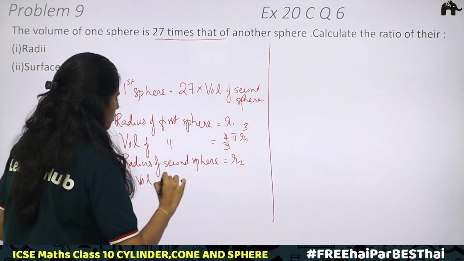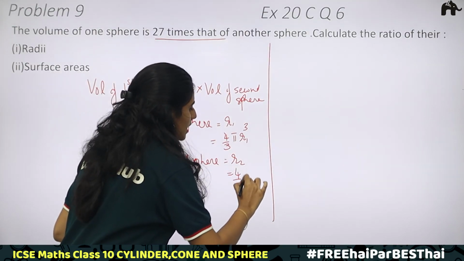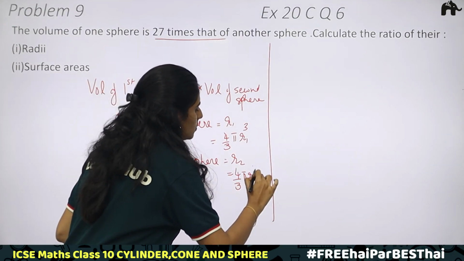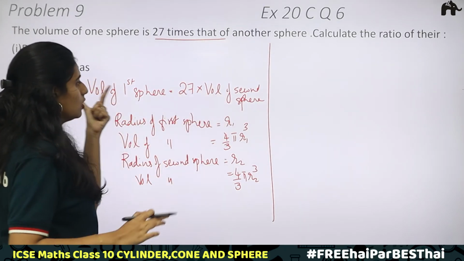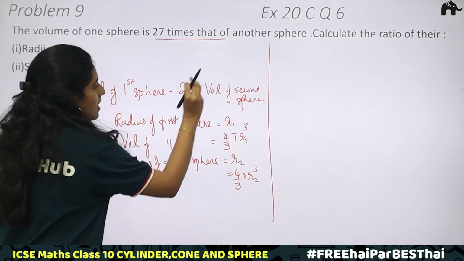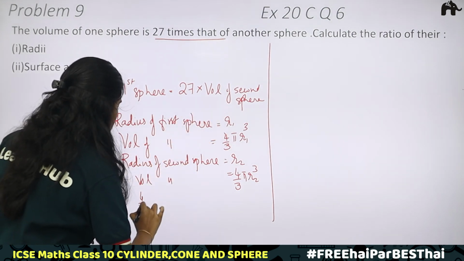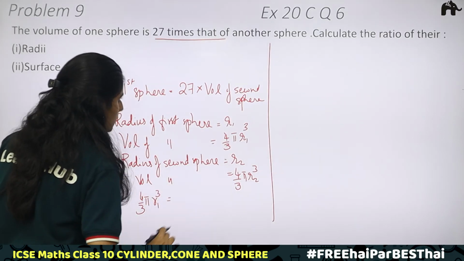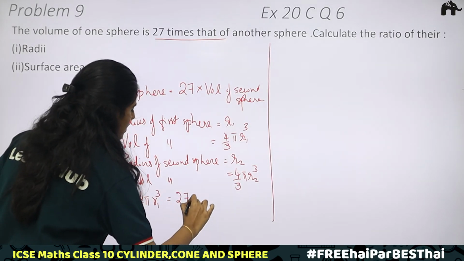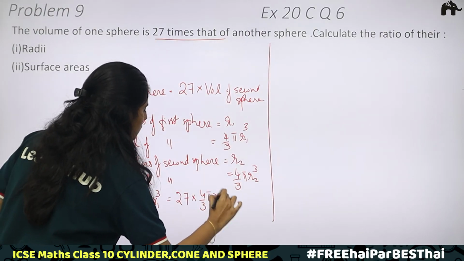Then the volume of second sphere will be equal to 4 by 3 pi r2 cube. So according to the statement, volume of first sphere is equal to 27 into volume of second sphere. We can write 4 by 3 pi r1 cube is equal to 27 into 4 by 3 pi r2 cube.